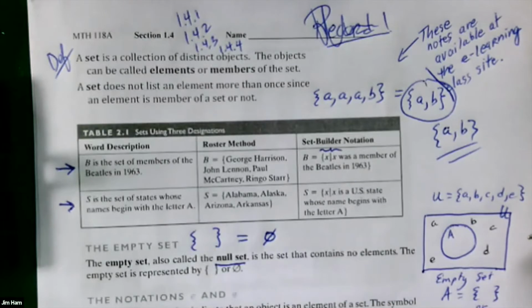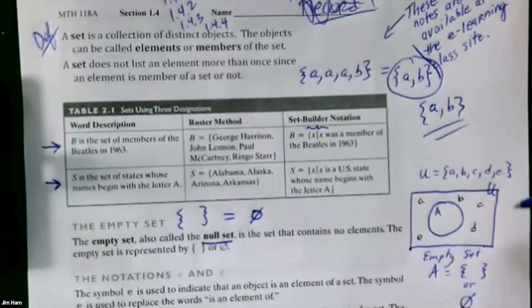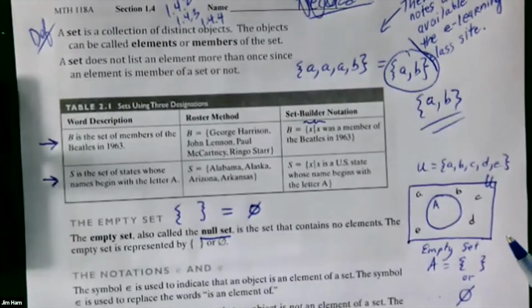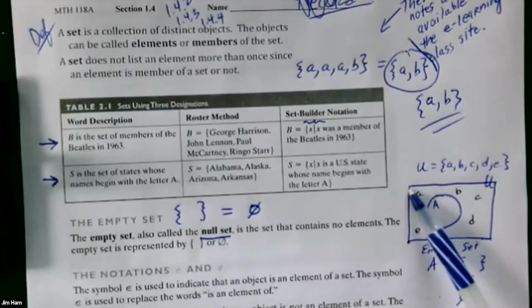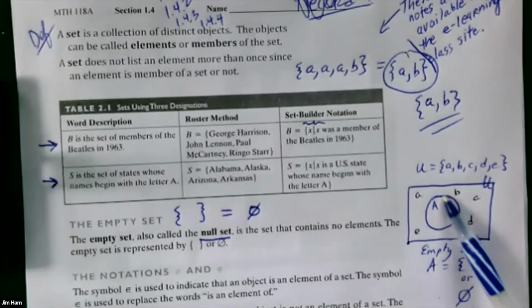We're going to start talking about Venn diagrams here very shortly. In a Venn diagram, we write a rectangle that represents, in this particular problem, what we call the universal set: all of the elements that are under consideration in this problem. And then we represent sets with little circles inside the rectangle.